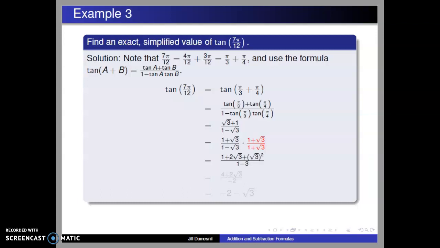Then we multiply the fractions, remembering to FOIL the binomials in the numerator and denominator. Notice that root 3 squared is 3, and combine like terms. Finally, we factor a minus 2 from the numerator and cancel with the denominator to get an exact simplified answer of negative 2 minus root 3.